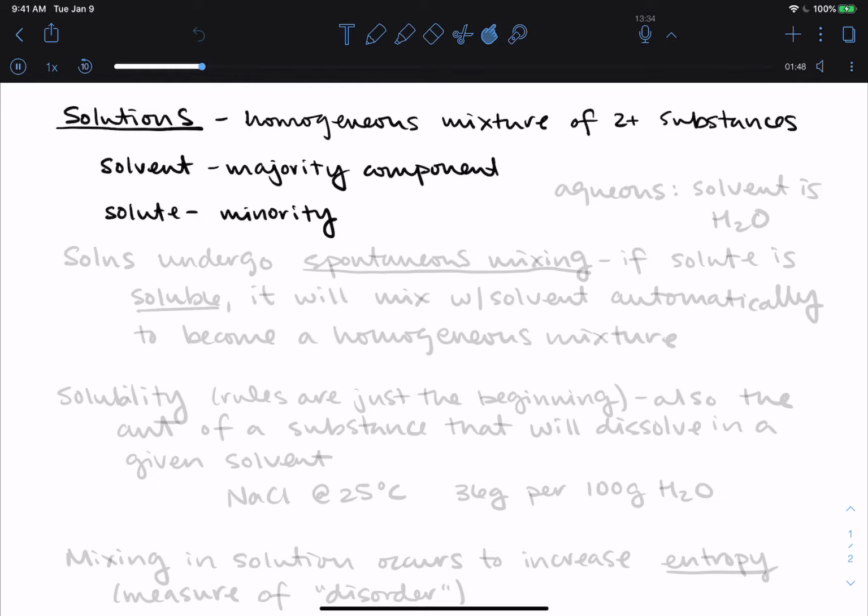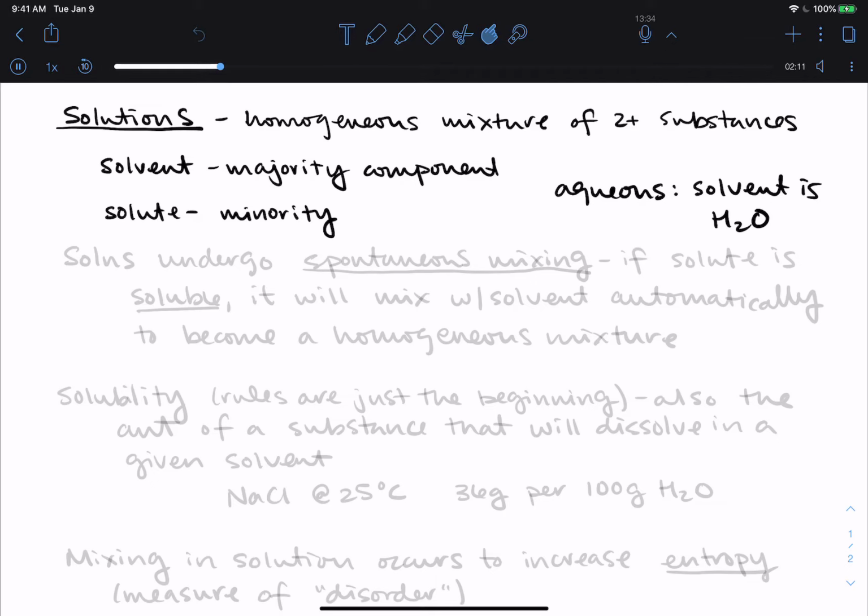But until we get to that, solvent is the thing that's present in the majority, solute is in the minority. And if we have an aqueous solution, it just means that the solvent is water.